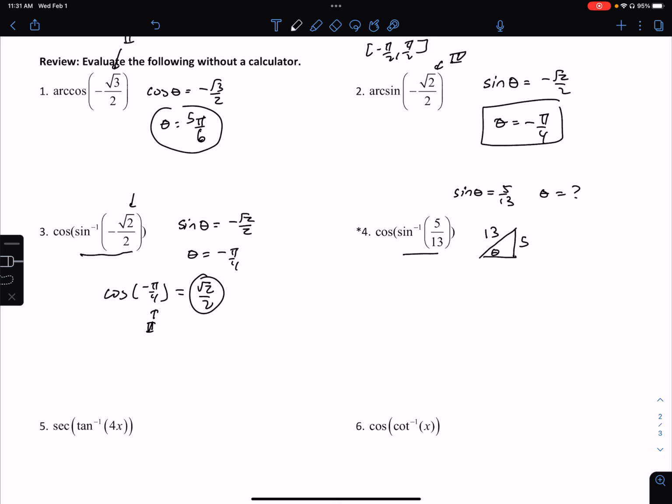I just need to get the adjacent side, and I can use my Pythagorean theorem. I can say that adjacent side, x squared plus 25 equals 169, and I can solve that. X squared equals 144, x is equal to 12. Now to get the cosine of that angle, I just take the adjacent, 12, over the hypotenuse, which is 13.